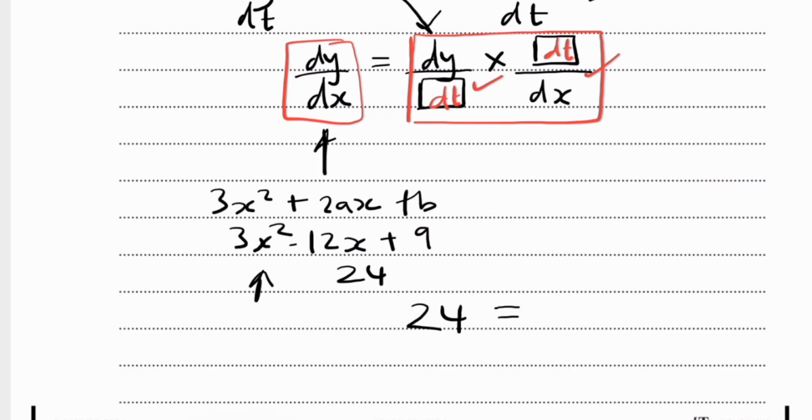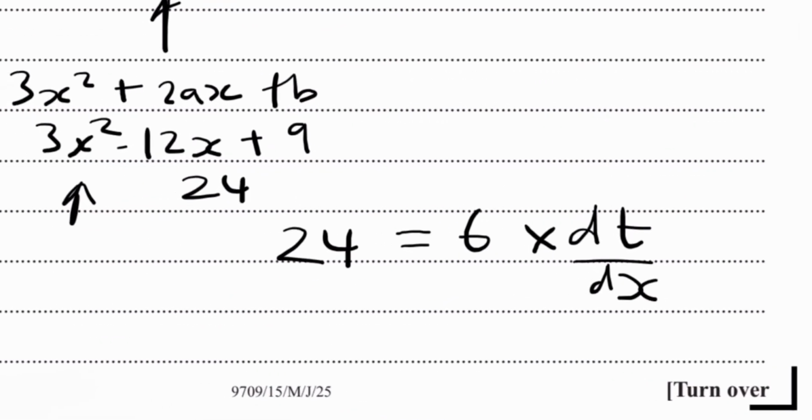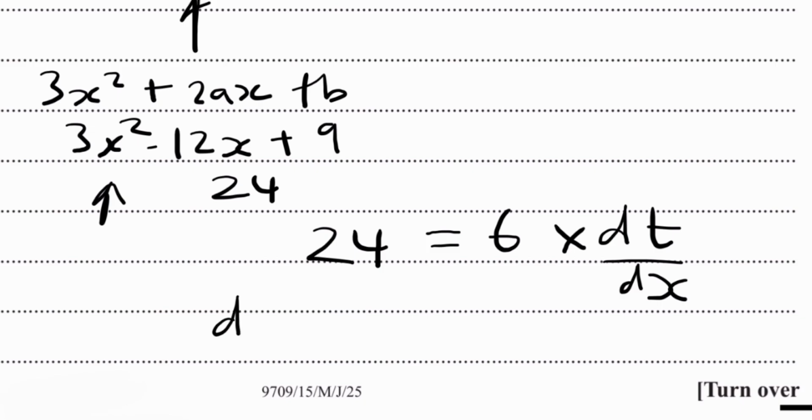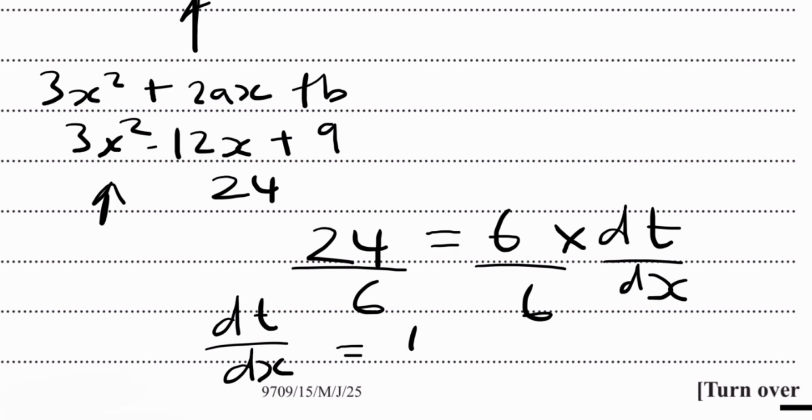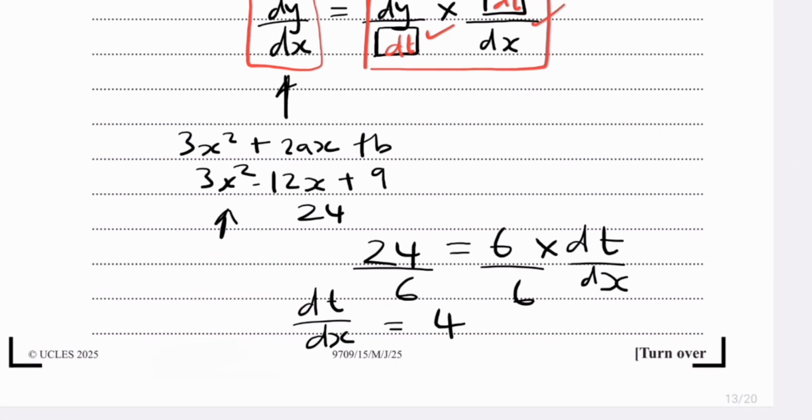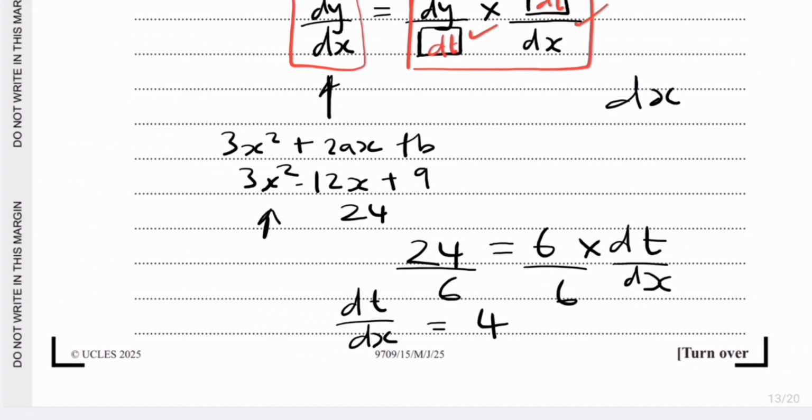Right? So 24 equals dy/dt, which is 6, times dt/dx. And for us to get dt/dx there, we divide both sides by 6. Right? So dt/dx is equal to 4. Right? But we want dx/dt, not dt/dx.